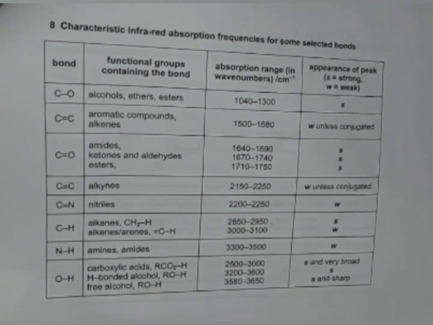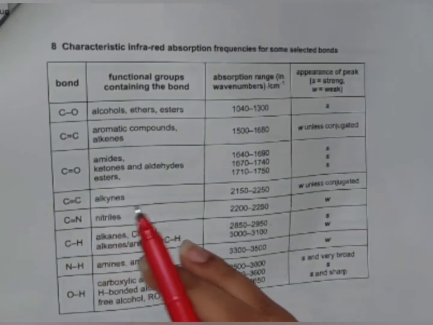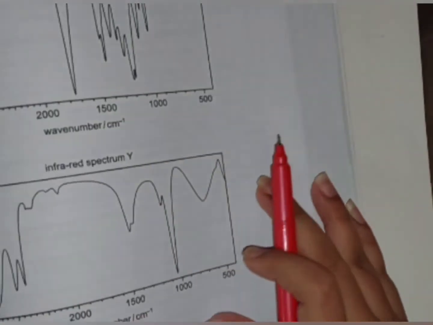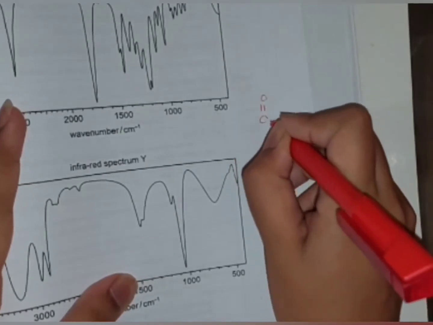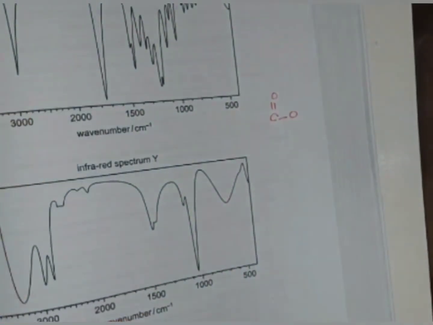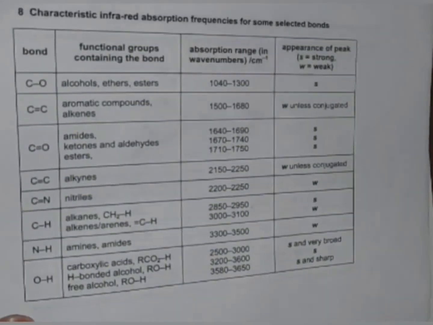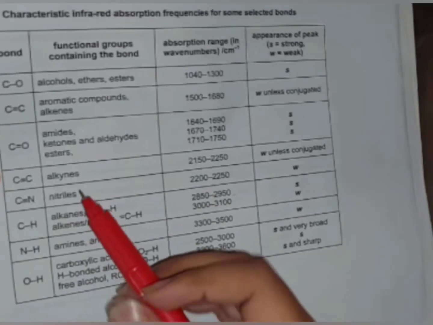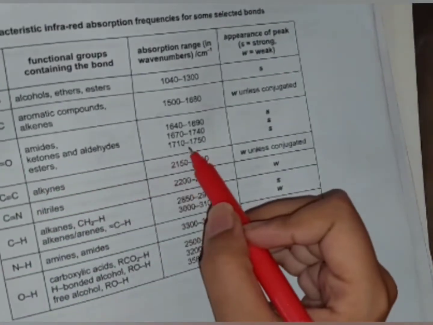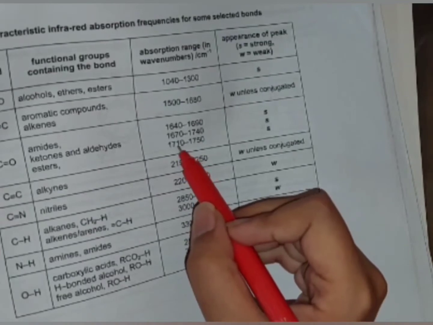First of all, know what you're looking for. You know that V is an ester, right? An ester will be having an ester functional group. So now you look at the table, you look for an ester here, the number range that is given is this, right?